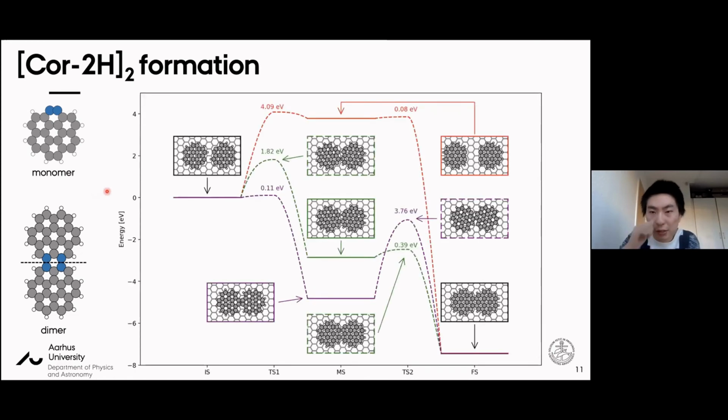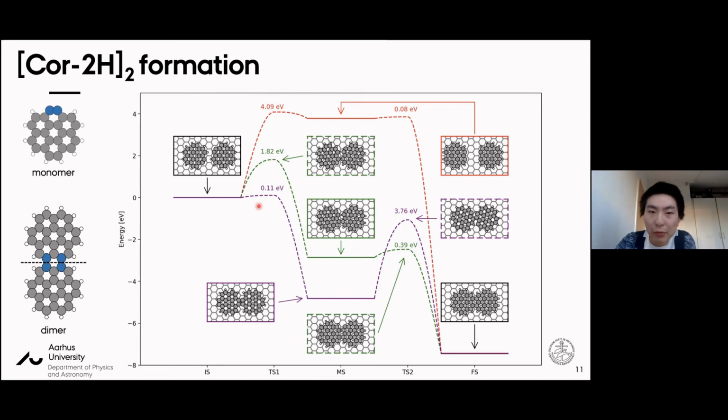So I have calculated the energy barrier for three different pathways. For example, in the red pathway, the hydrogen transfer first occurs in the monomers, and they form these monomers such that the direct combination of these two can form the six-membered ring. But in this process, the hydrogen transfer in the monomer has quite a high barrier, making it not possible.